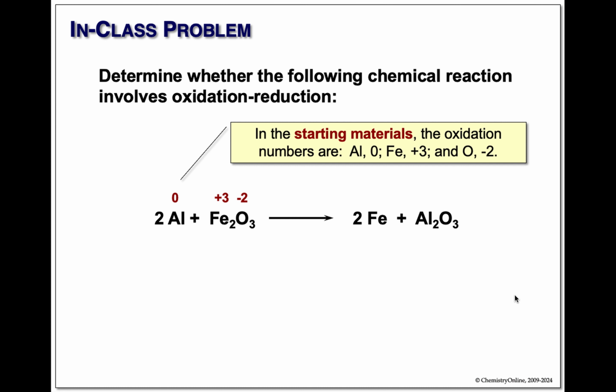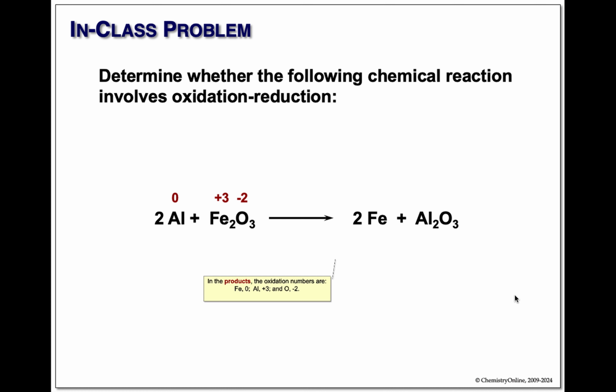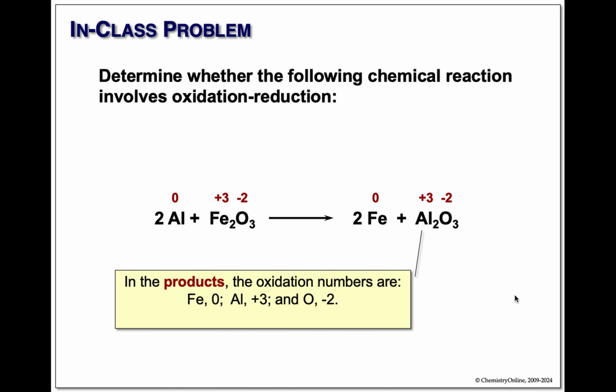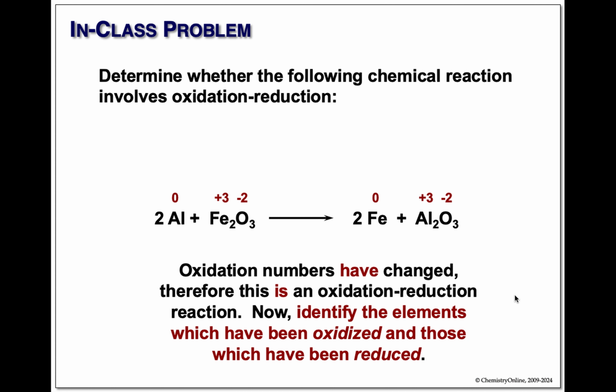Aluminum will be plus 3 because it's an ion. Oxygen will be minus 2 as well. So, is this redox? Well, I think so. Aluminum has changed from 0 to plus 3. Iron from plus 3 to 0. So yes, it is a redox reaction.